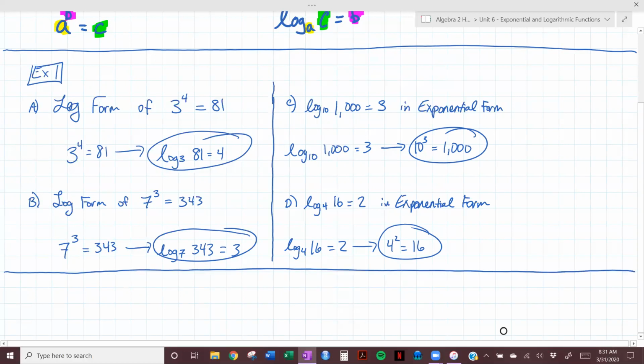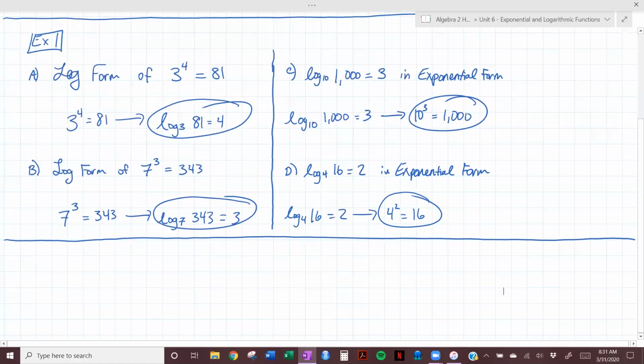So let's say we have a logarithmic function, and it is y equals log base b of x.